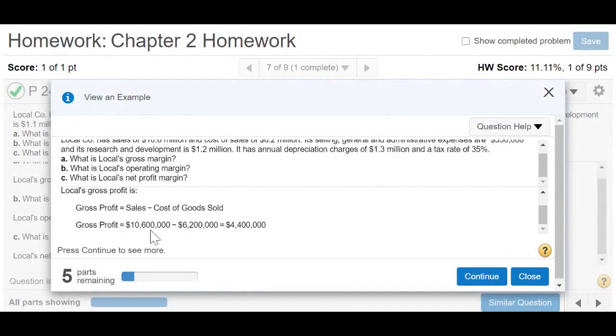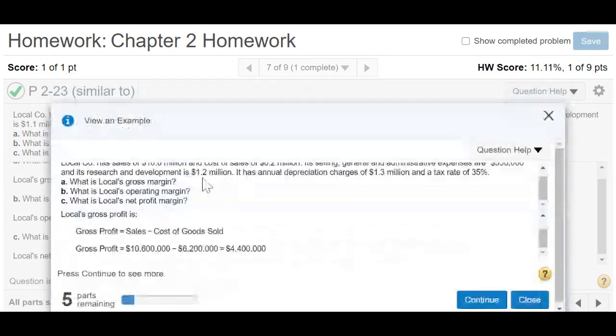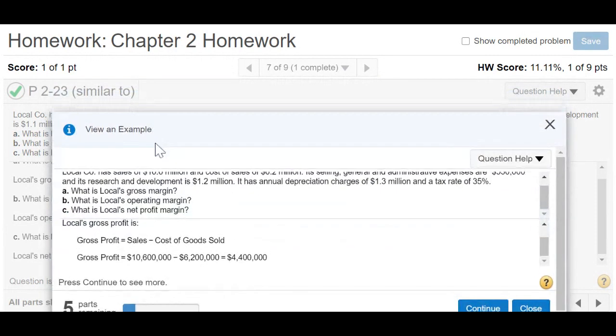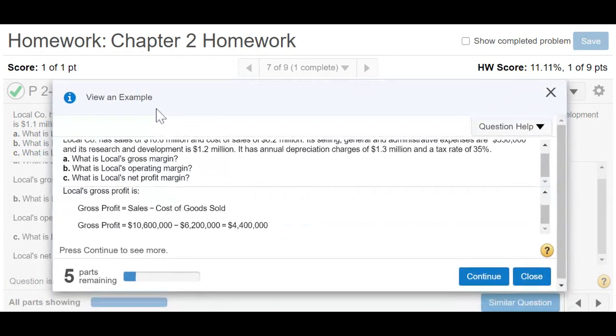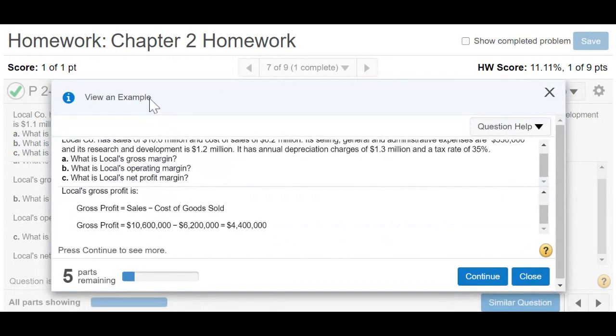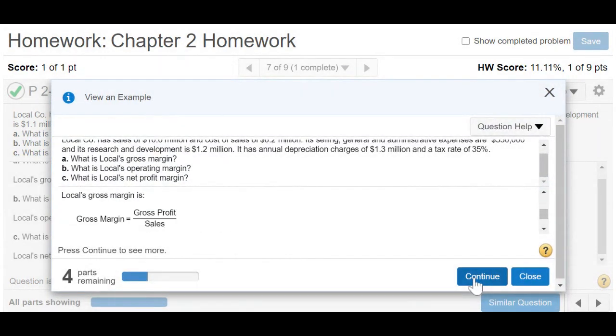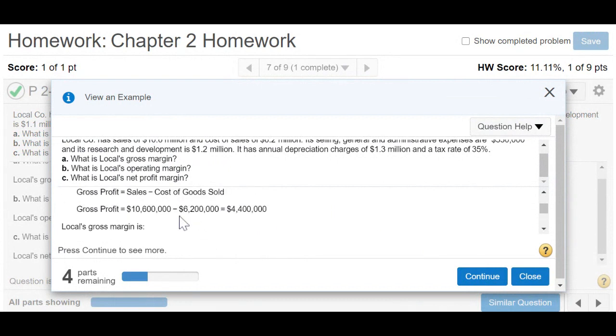This is how it would look. This right here, 10.6 minus, this will be sales minus cost of goods sold. Then we say gross profit, right?